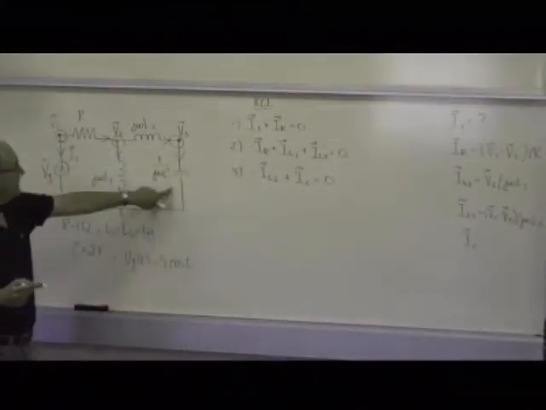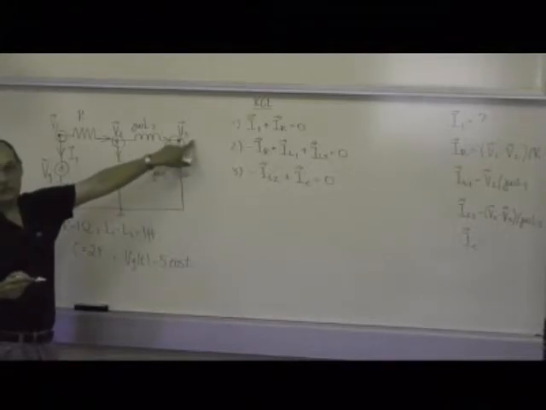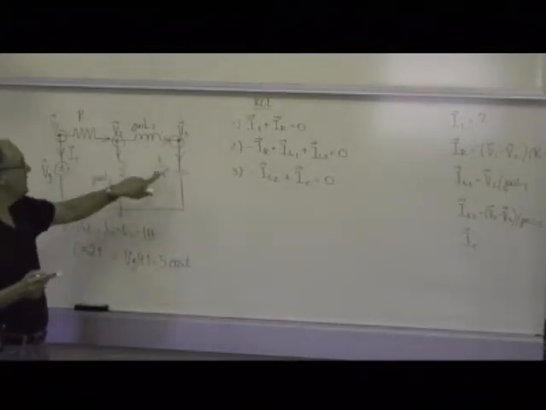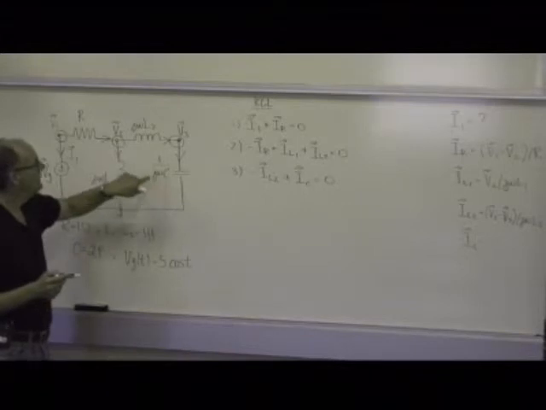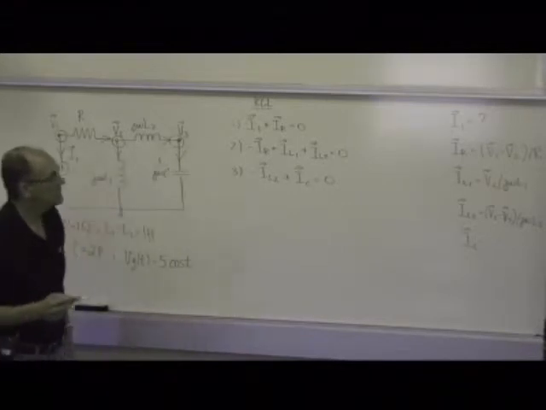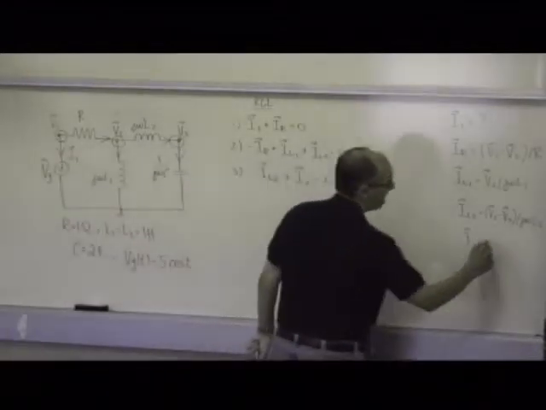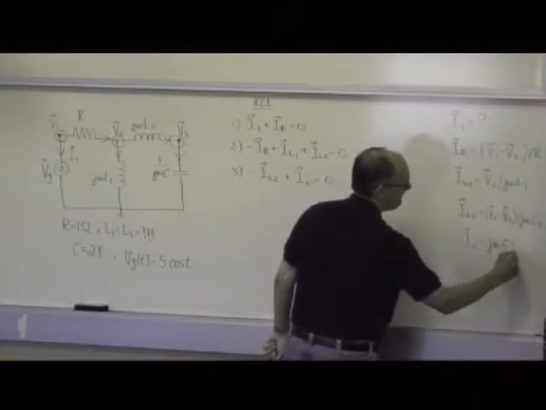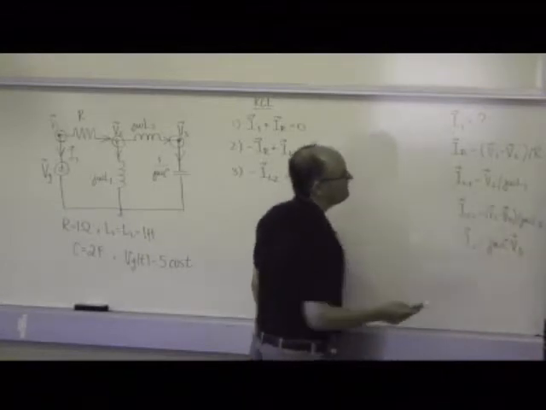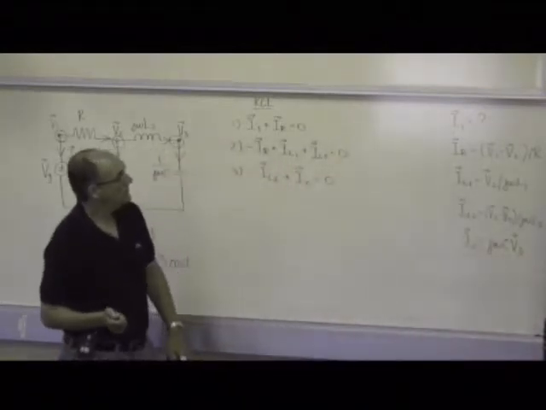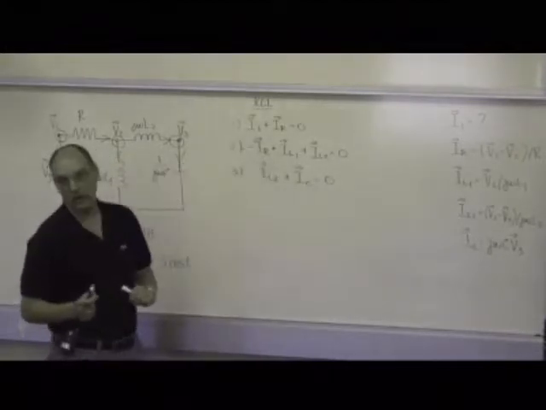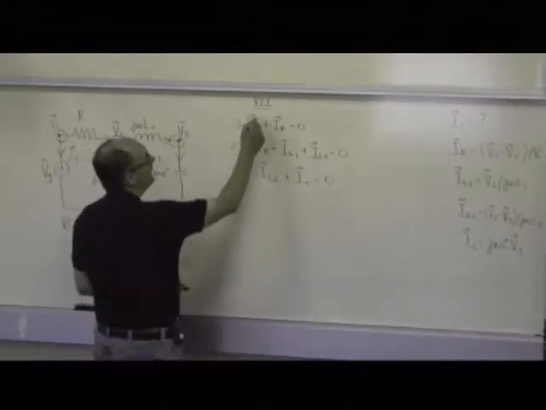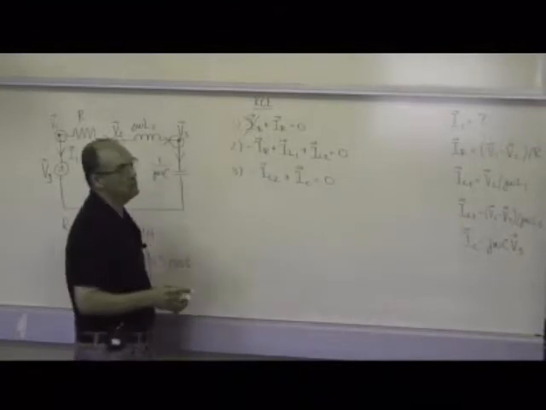And finally, IC. Now here you've got V3 over 1 over j omega C, so that's effectively j omega C times V3. So I was able to get rid of all of them except for I1, which means that I lose equation 1.